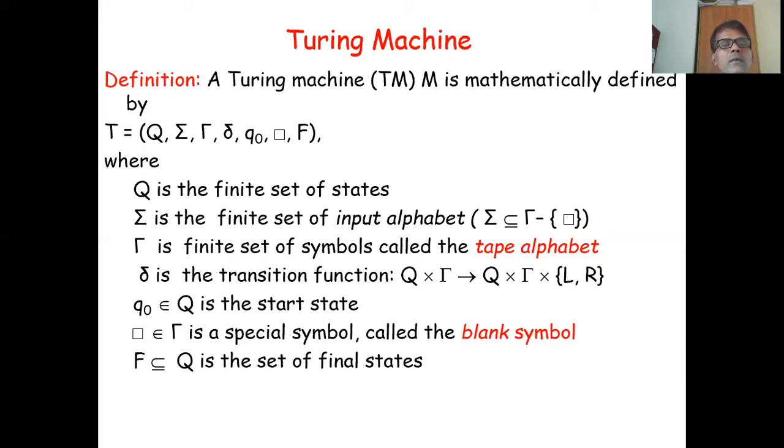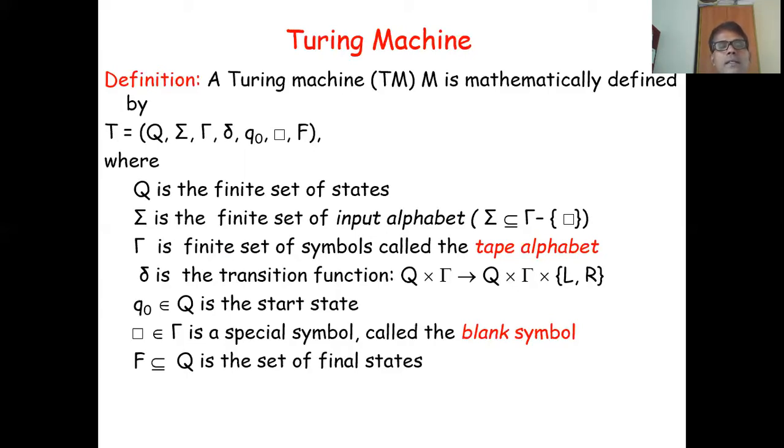Q is the finite set of states, as we already defined in the case of DFA and PDA. Sigma is the finite set of input alphabets. Sigma is a subset of Gamma minus blank. Blank is denoted by a small square. Gamma is the finite set of symbols called the tape alphabet.